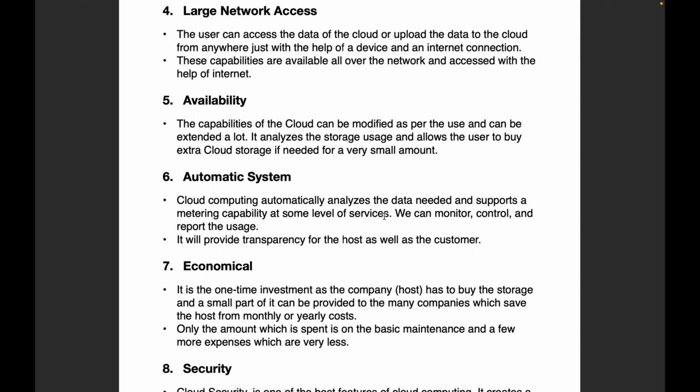We can monitor, control and report if there is excess usage. If the cost is excess, we'll be able to raise a ticket and solve it with our cloud provider. All the time we can monitor how our services are operating, what the usage is, why we are using this much. We can download all the details and analyze those reports as well.